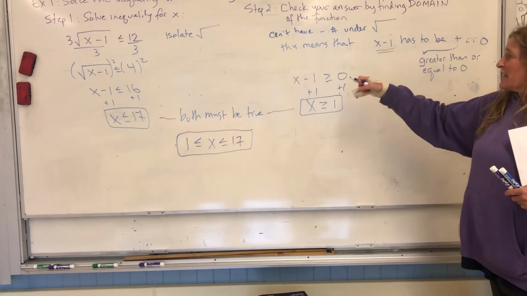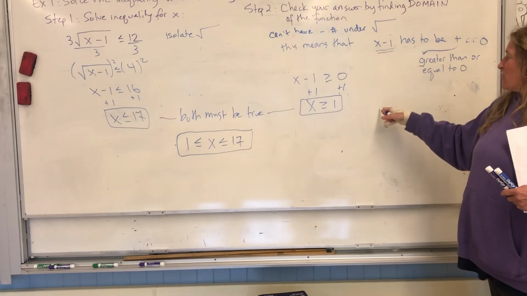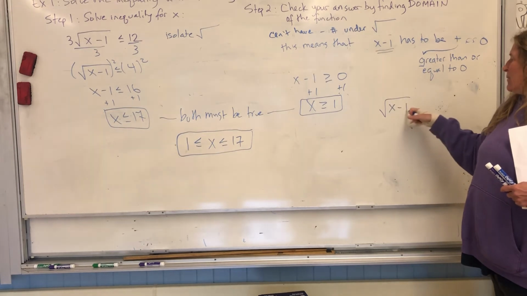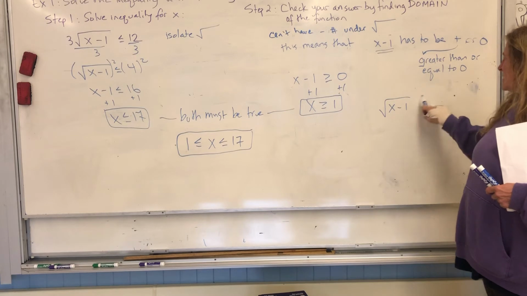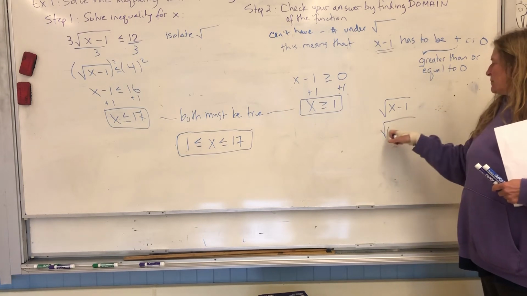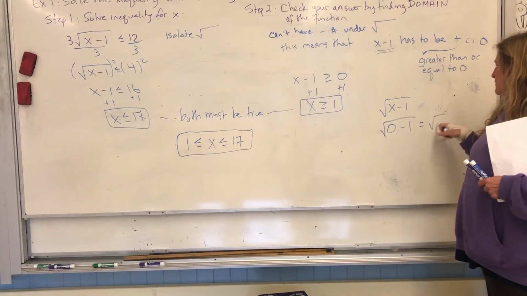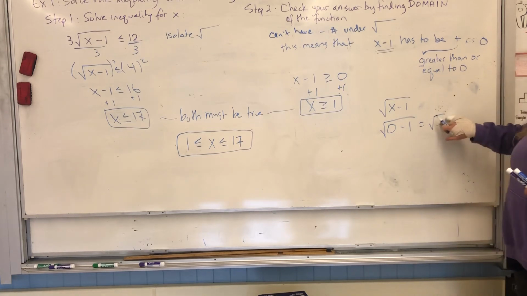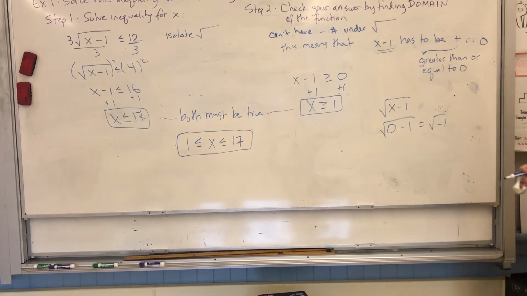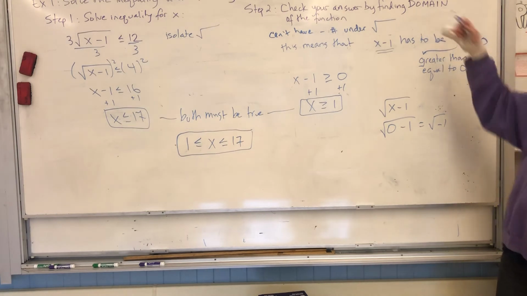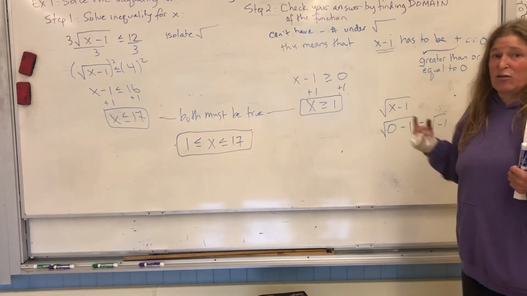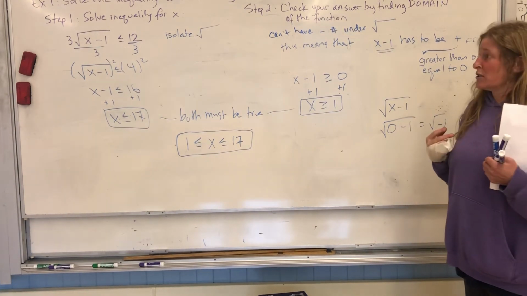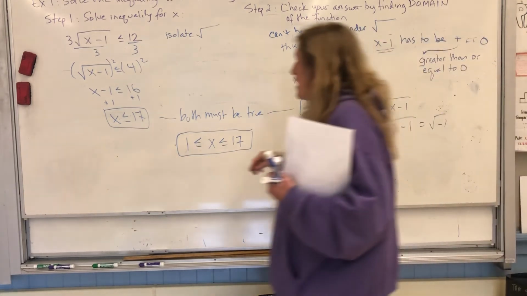If I make it less than 1, let's say I put a 0 in there, I end up with a negative. I can't do that. I can't have a negative under there. So what this is called is checking the domain. That's how I check an inequality, which is definitely a little different than just plugging in one or two solutions. Okay guys, let's try one more.